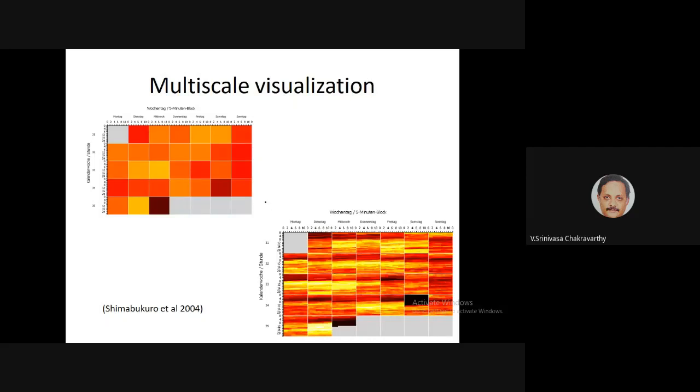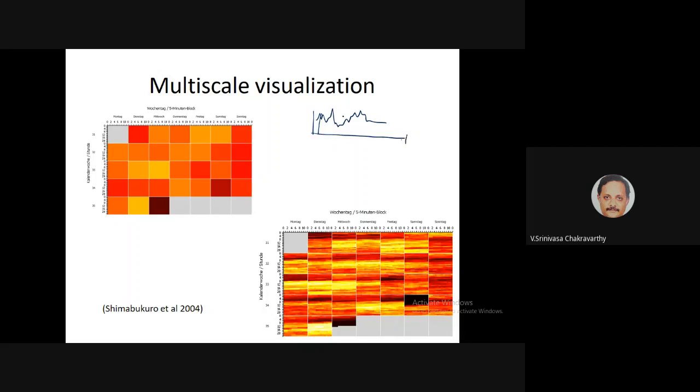Another example is multi-scale visualization. Let's say I have some time series, and something is varying with time, and that variation is happening at multiple time scales: on the scale of hours in a given day, and over weeks and months over a whole year.